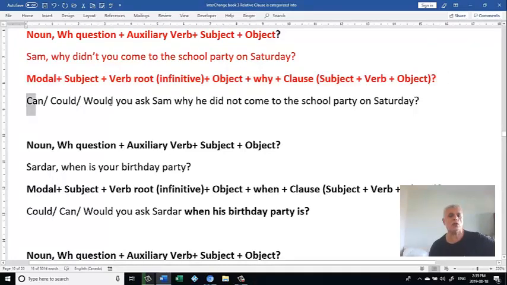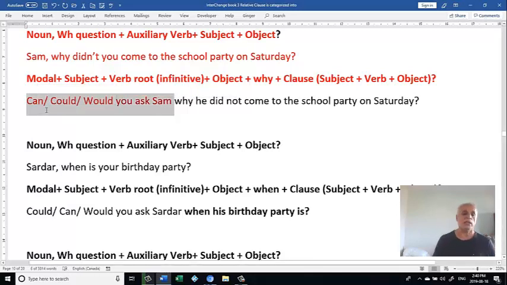You could say can or could or would. Grammatically there's no difference between all three, but in meaning it's different. Can you ask Sam? Or could you ask Sam, or would you ask Sam, all three.